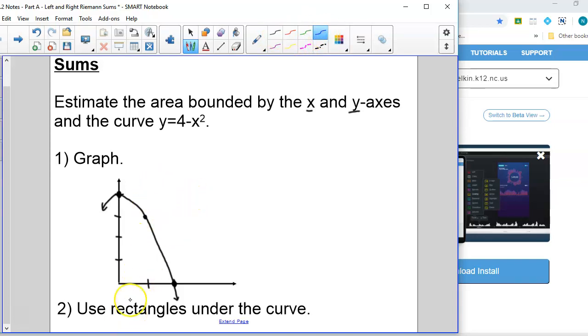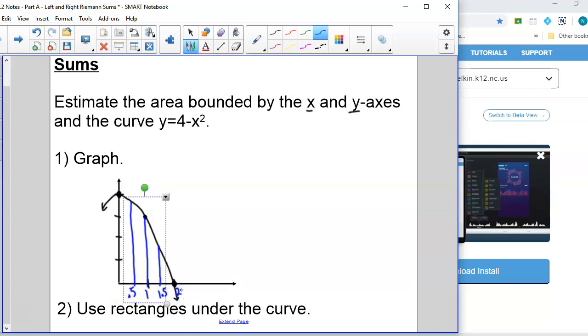So if I want to use rectangles under the curve, I have a couple options here. For this one, I'm going to split it up into 4 sections. I could use more rectangles, I could use less, but I'm going to just use 4. So if I split this into 4 sections, on the x-axis it'd be 0.5, 1, 1.5, and then 2.